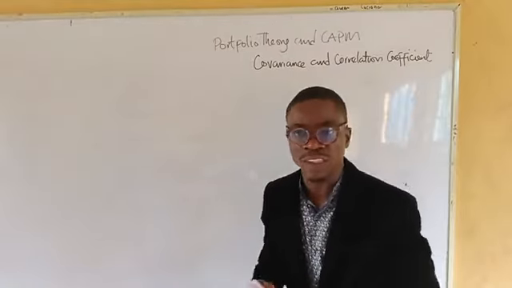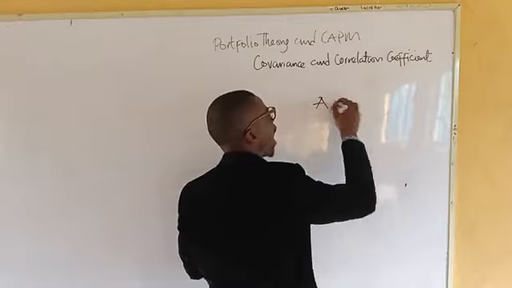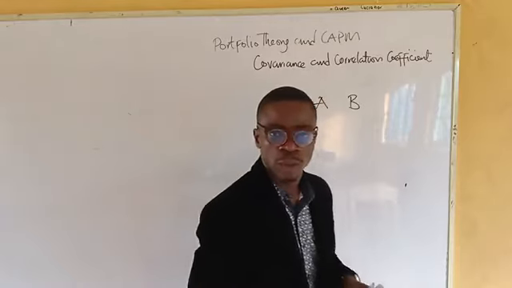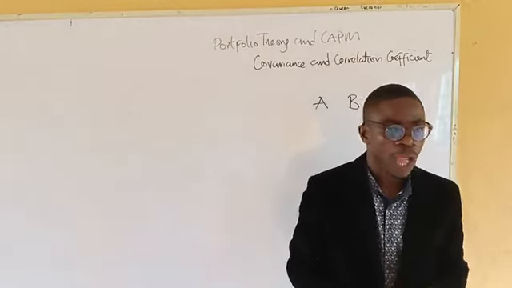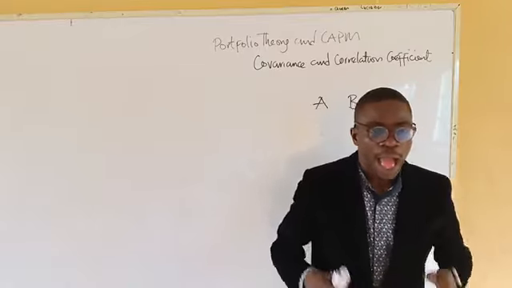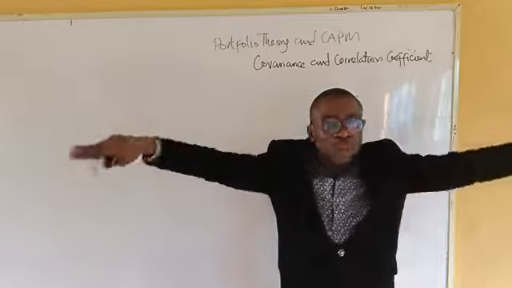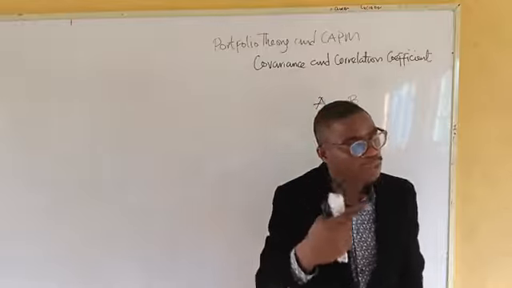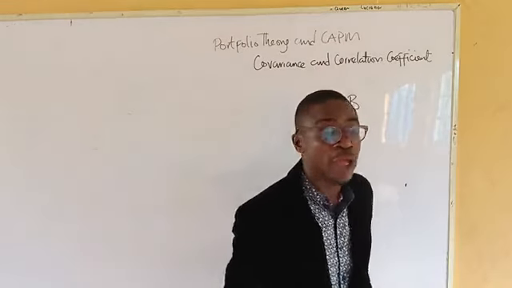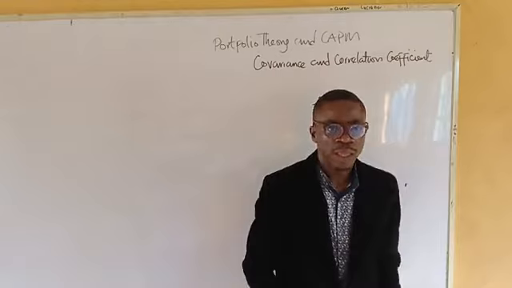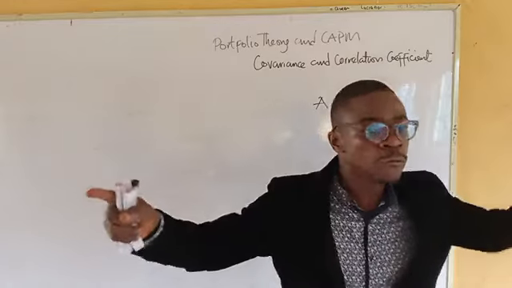Between 2 variables, what is the relationship between investment A and investment B? Are we moving like this, together, or are we moving in opposite directions? That means covariance and correlation coefficient are used to measure the relationship between 2 variables.